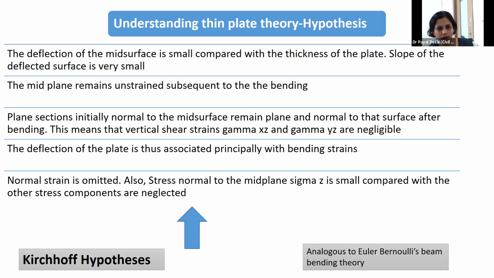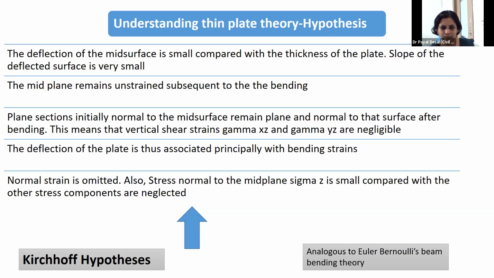Then the third assumption, which is extremely important, is that plane sections initially normal to the mid surface remain plane and normal to that surface after bending. The meaning of this is that the vertical shear strains, that is gamma xz and gamma yz, are negligible.